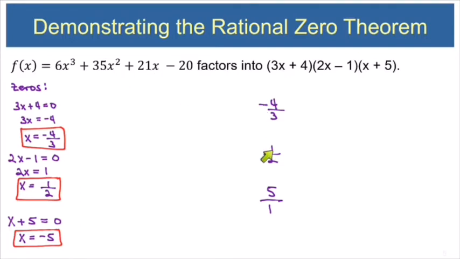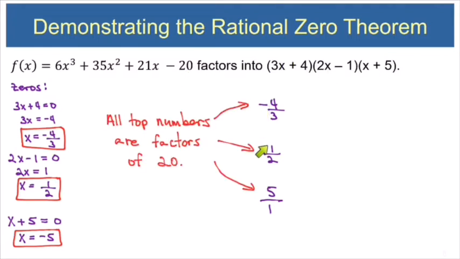Now notice that for each one of these, the top number, which we call the p number, is there because it was a constant in the factor. And these numbers are in the factor because they are factors of this constant in our polynomial. Notice 5 and 1 and 4 are all factors of 20. So that's why they ended up where they did.